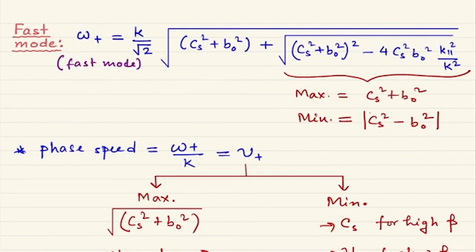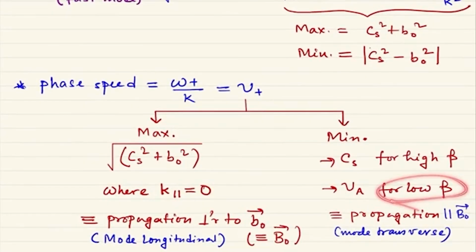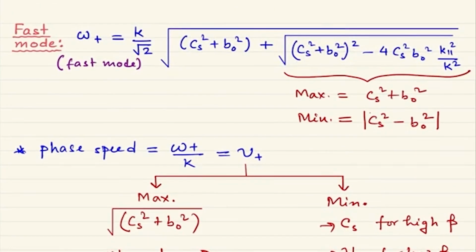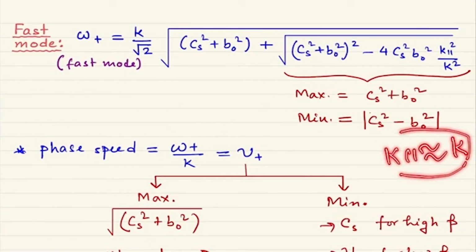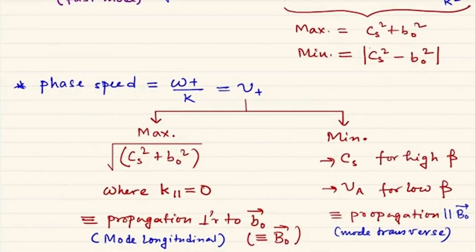So for high beta, this fast mode reduces to nothing but an acoustic mode, a sound wave mode. And for low beta, the fast mode reduces to an Alfven mode. That is when its propagation is perpendicular to B0, because in that way, when this is minimum, when K parallel is almost equal to the K total, that means the propagation vector is almost aligned with respect to B0.